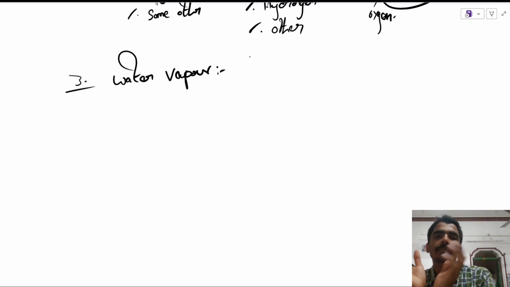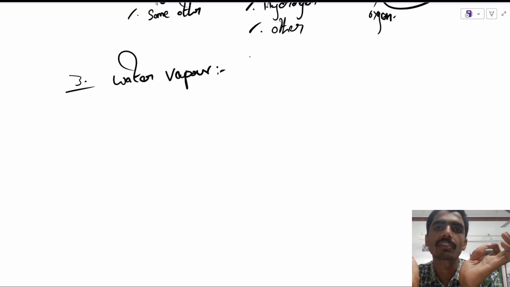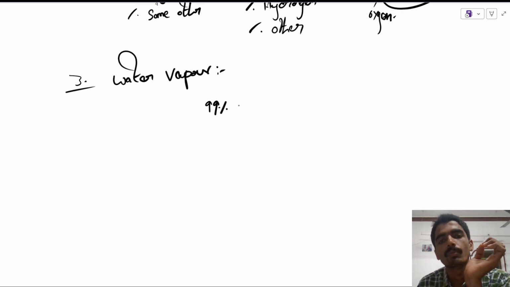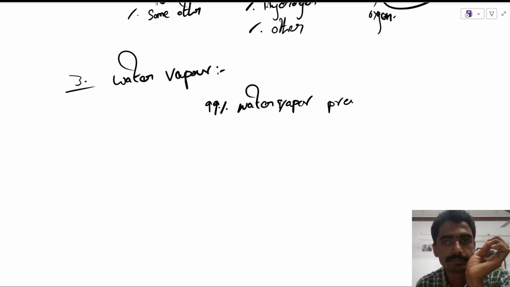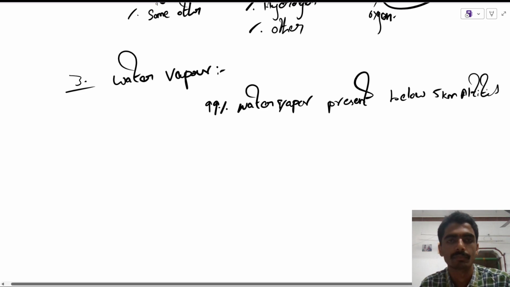Coming to the third point, water vapor. Water vapor means the suspended particles of water, the evaporation of water molecules suspended in the atmosphere. Generally 99% of water vapor is present below 5 km altitude. It also depends on temperature.